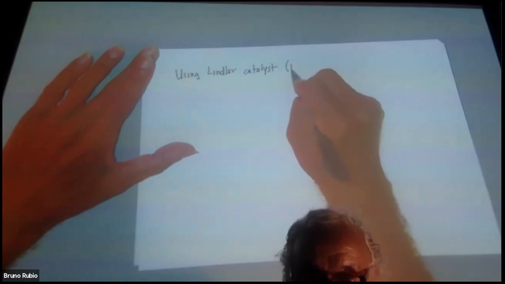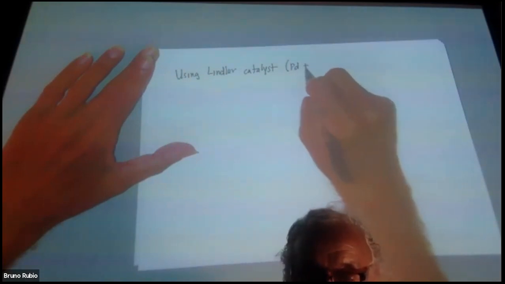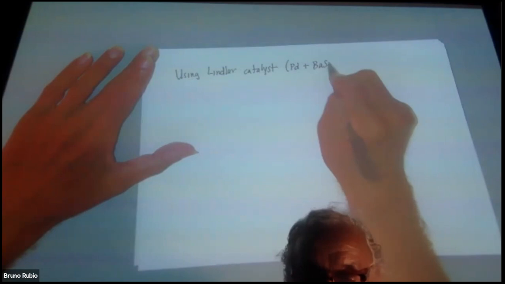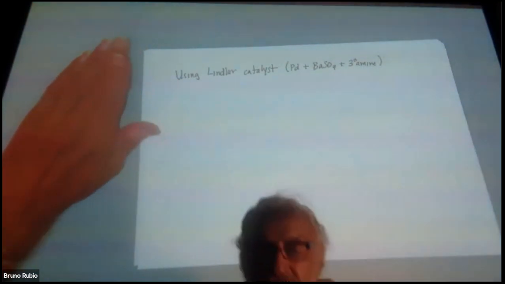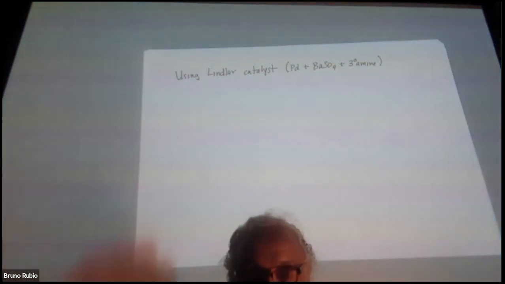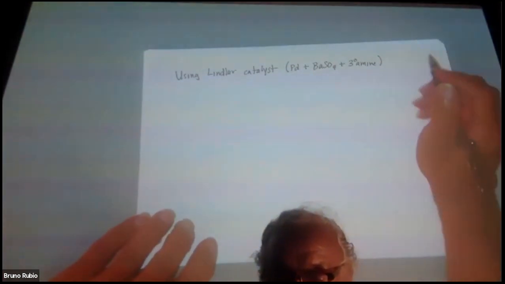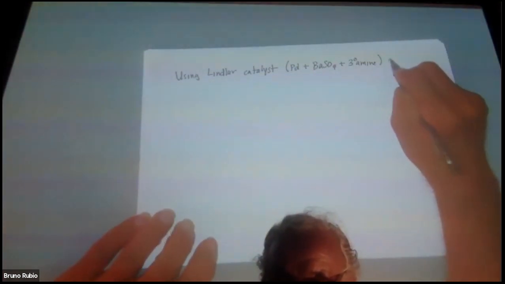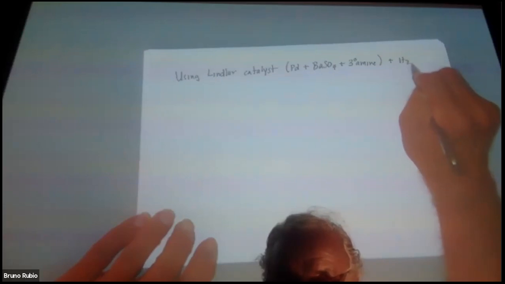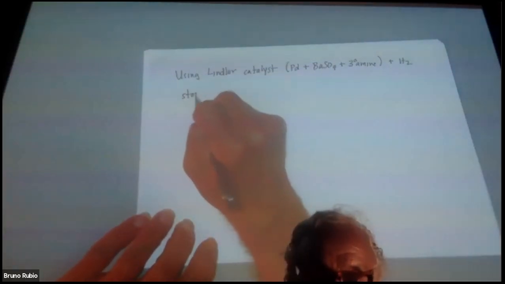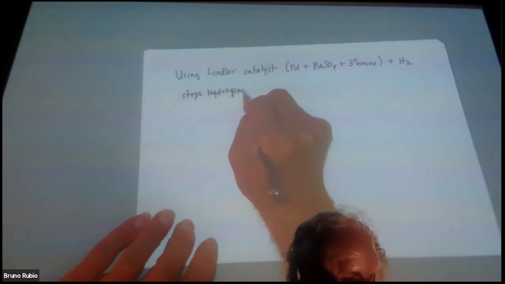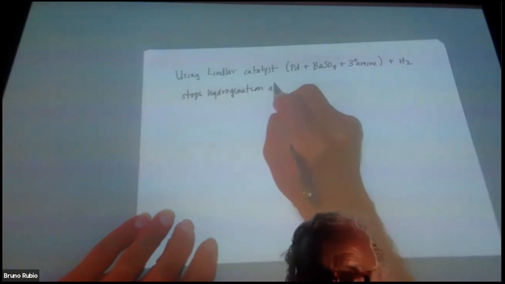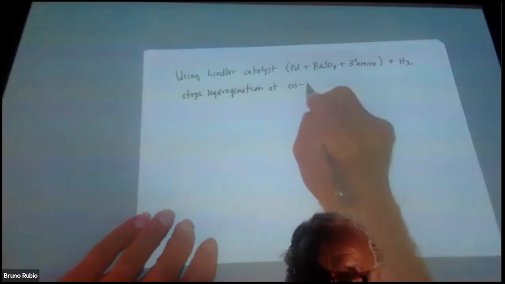And this is palladium plus barium sulfate plus a tertiary amine. You don't have to know the recipe for the Lindlar catalyst, but that's what it is. Using the Lindlar catalyst plus hydrogen stops the hydrogenation at the cis-alkene.